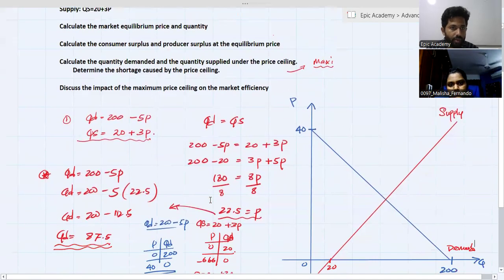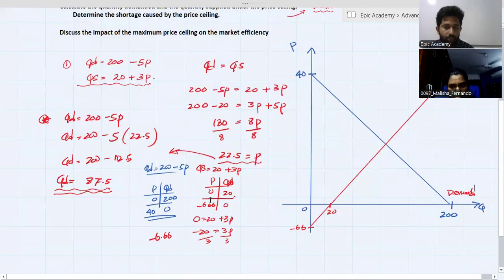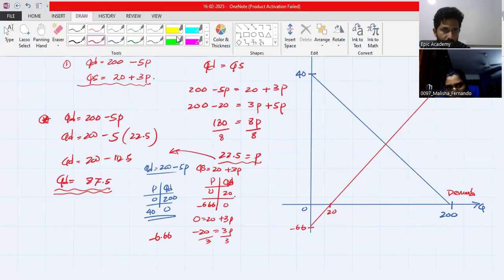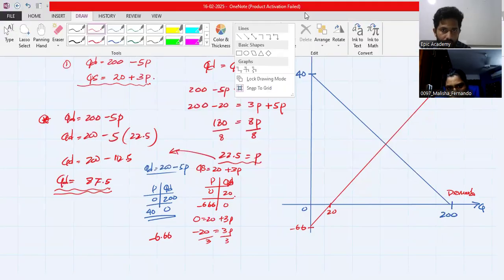Okay, now the second question: calculate the producer surplus and consumer surplus at the equilibrium price. So now you know the equilibrium position. Okay, this is the equilibrium position. I will label it.